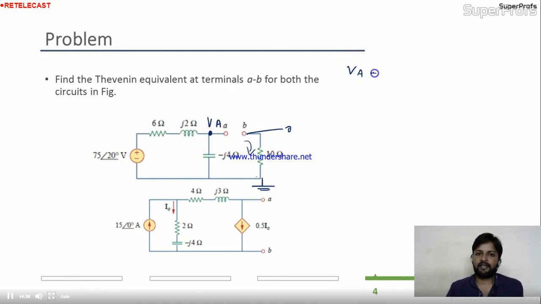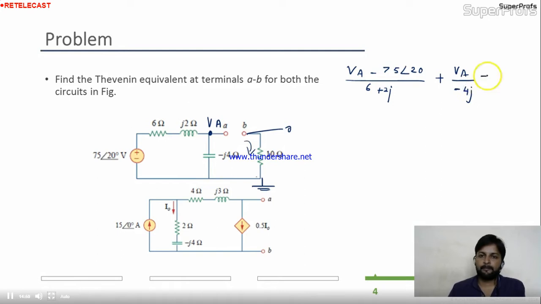You will get (VA minus 75 at an angle 20) divided by (6 plus 2j), plus VA divided by minus 4j, equal to 0.